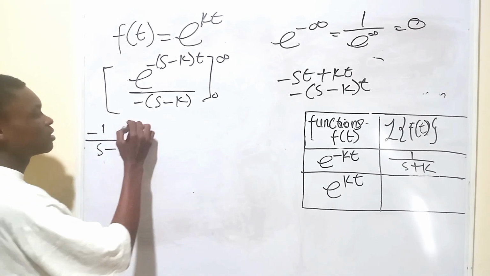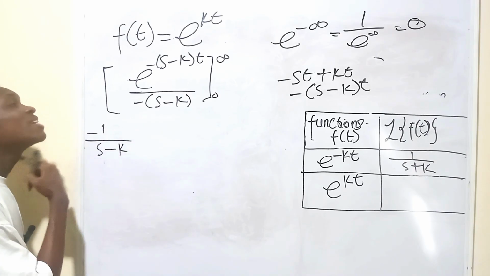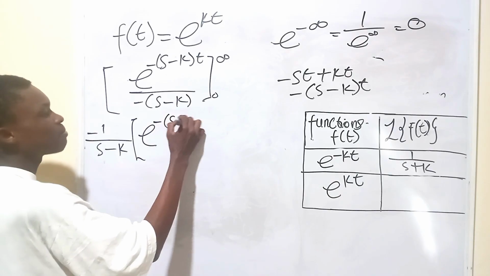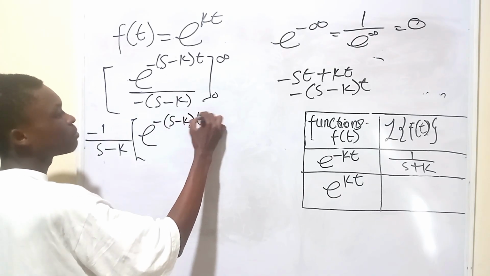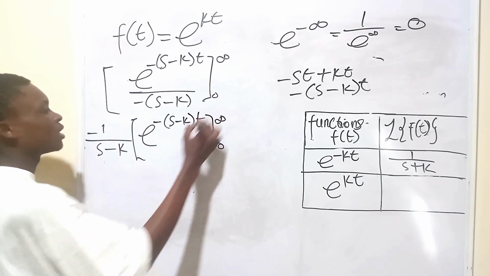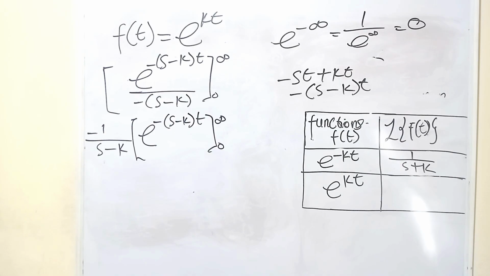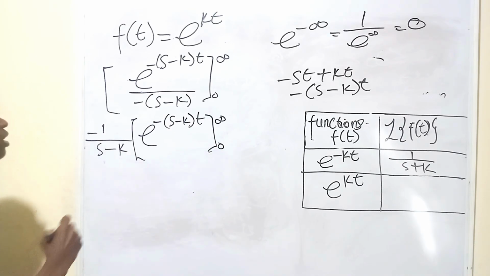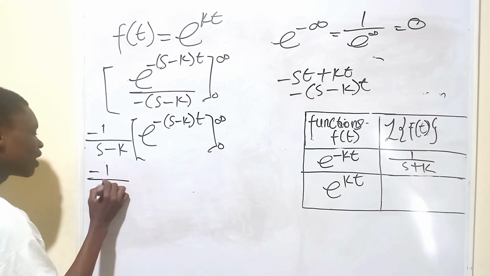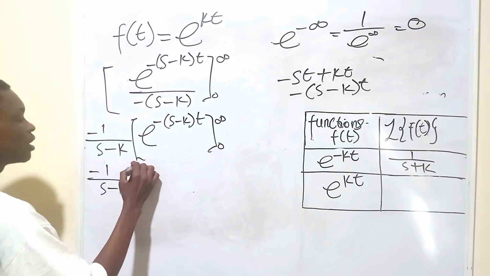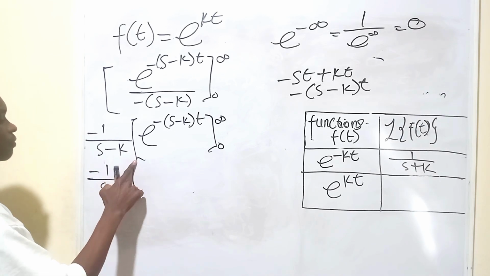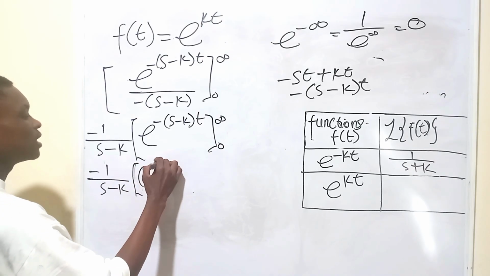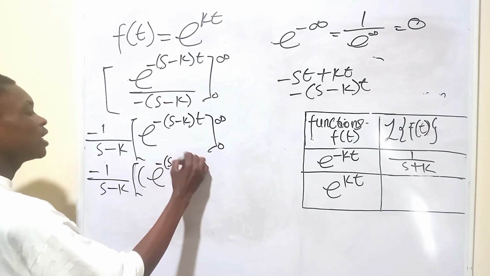All right. Minus 1 all over s minus k into brackets exponential negative s minus k multiplied by t, the lower and the upper boundary. So that's the next step. The next step now is to subtract the lower boundary from the upper boundary. And what do we have? Minus 1 all over s minus k into brackets exponential negative s minus k.